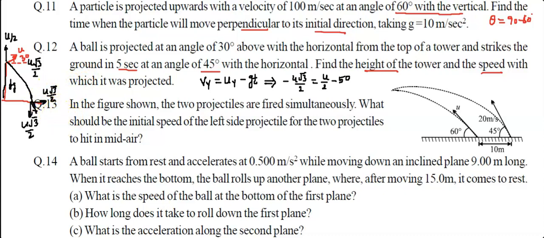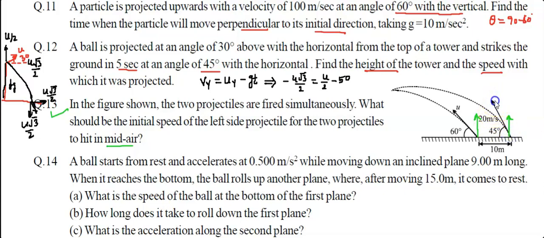Makes sense? Now let's come to the next question, that is question number 13. It says a figure is shown over here. What should be the initial speed of the left side projectile so that they hit in mid-air? That means they must be colliding. So the relative velocity of 1 with respect to 2 comes like this. For that, the condition comes out to be that the vertical components of velocity of the two must be equal.